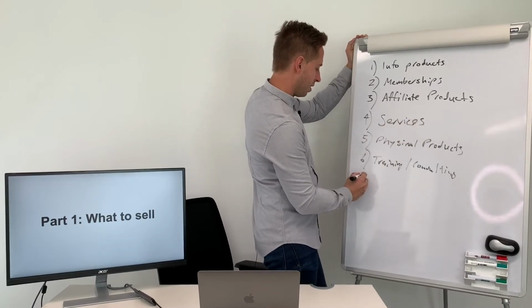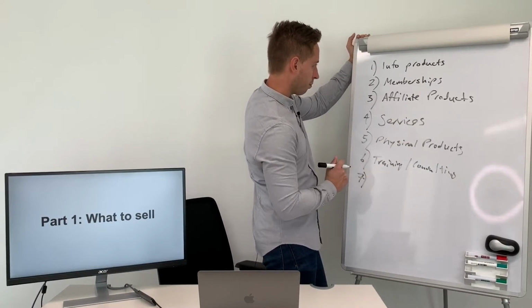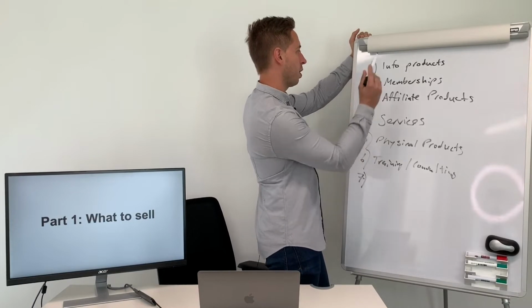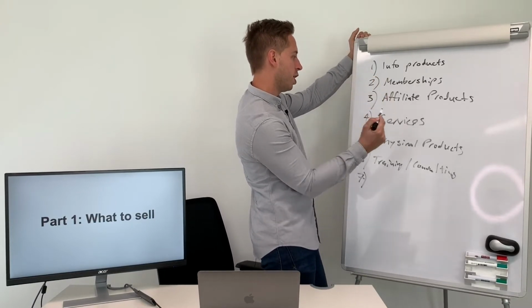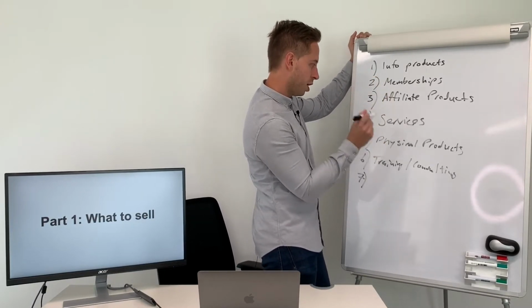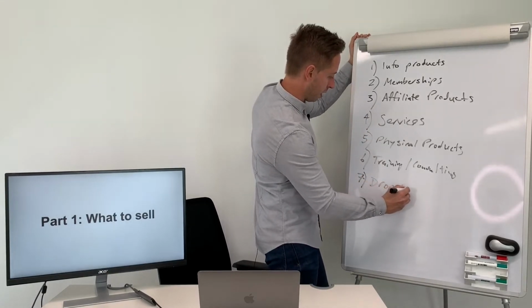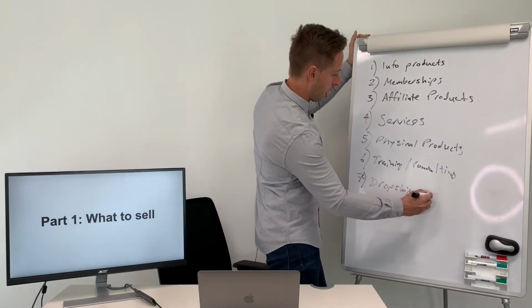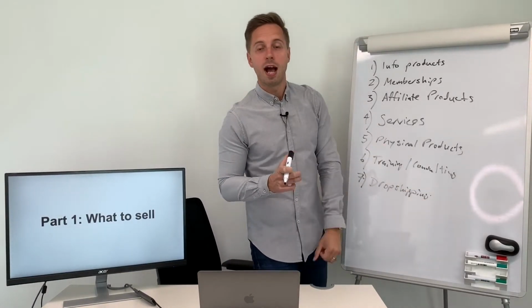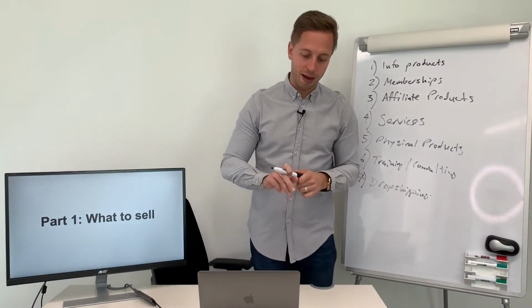And number seven, the very last one: so we've got info products, membership sites, affiliate products, services, physical products. Oh, drop shipping, that was the one. My black pen isn't very good, so if I could just get another one, please, guys. Thank you. Cool.